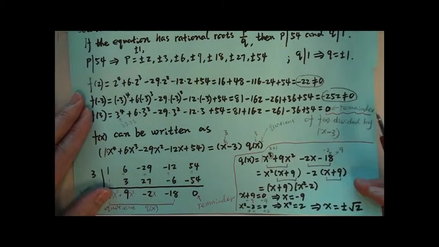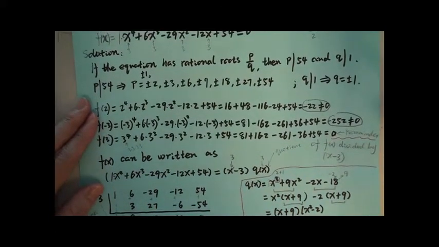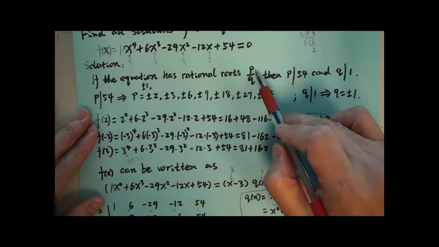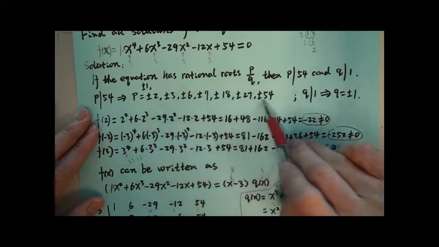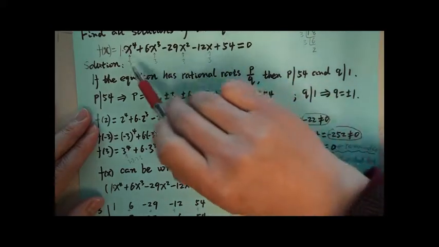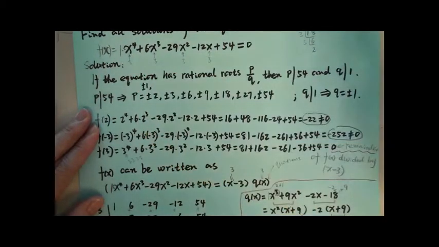So here there are 2 major steps to solve this one. You have p over q, find possible roots by p divides the constant, and the denominator divides the leading coefficient. We like this one to be 1.